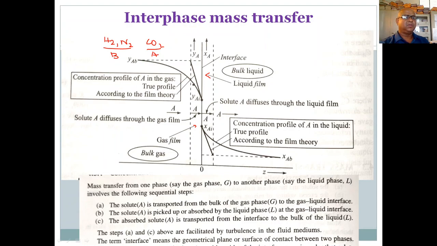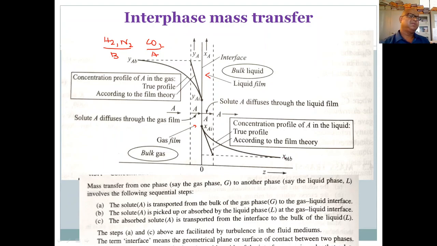So this is step 1. The second is the solute A is picked up or absorbed by the liquid phase L at the gas-liquid interface, so YI is converting to XI. Then the absorbed solute is transported from the interface to the bulk of the liquid.